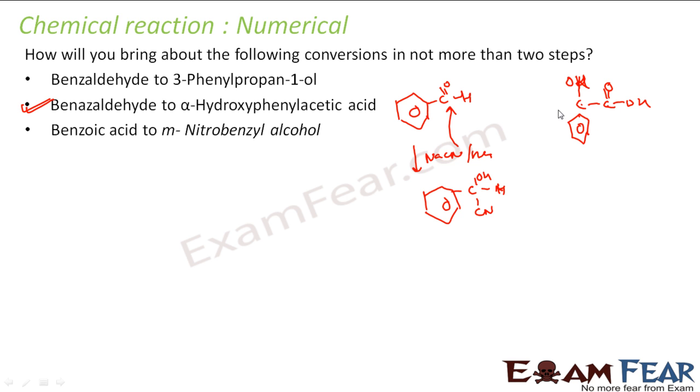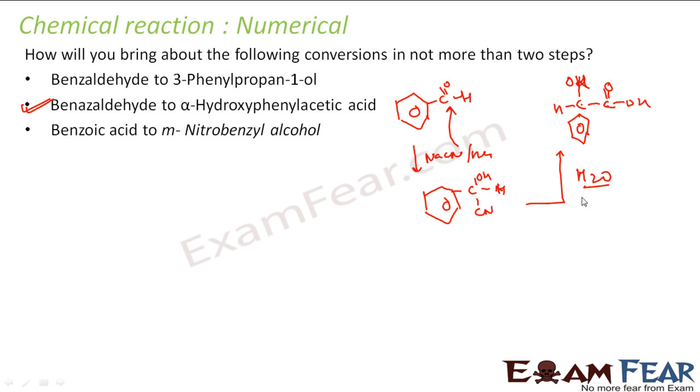Now I have to create this. What I can do is, this is fine. Maybe there will be hydrogen here also, this is fine. Only CN I have to convert into COOH. So I can do an oxidation. Or let me do water only.